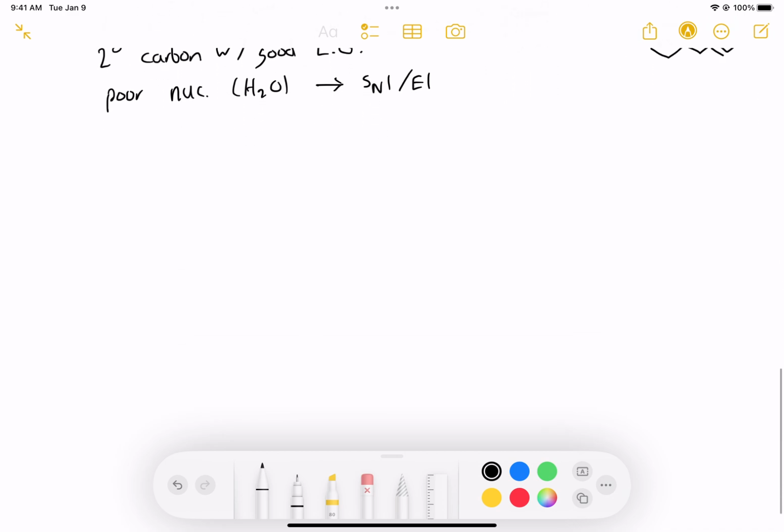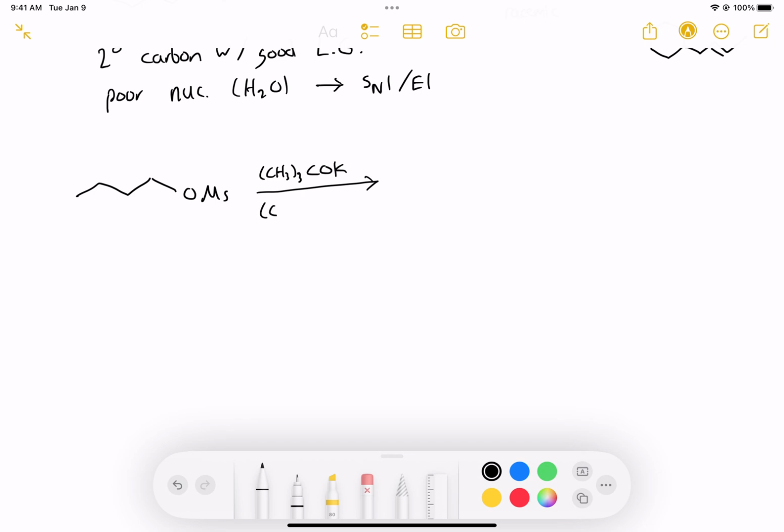Let's go over now a different example. So this example, we have CH3, 3COK.